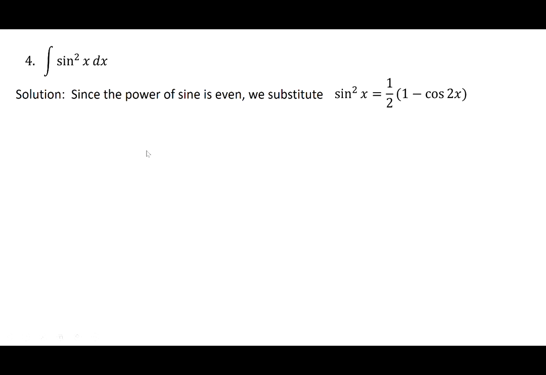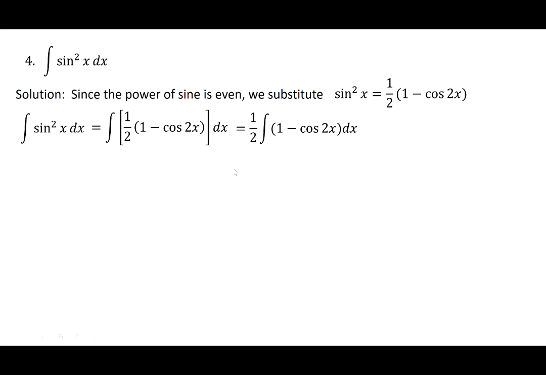So how do you do this? Well, just like I said, we need to use that the power of sine is even. We substitute sine square x is equal to 1/2 times (1 minus cosine 2x). When we do, we can yank the 1/2 out, and the integral of 1 is x, and the integral of cosine 2x is 1/2 sine 2x.